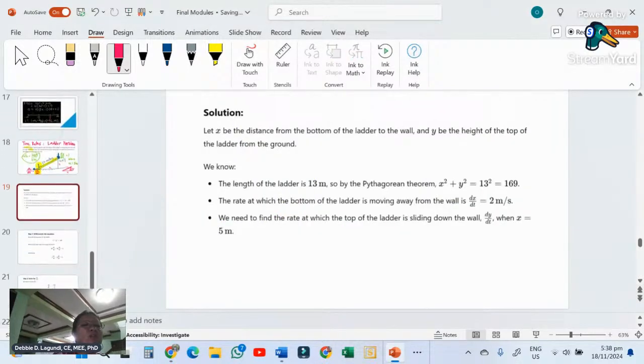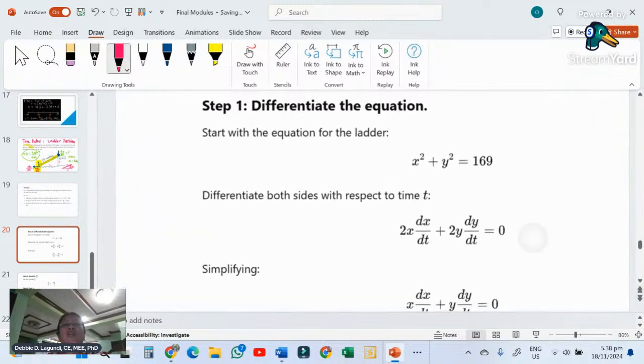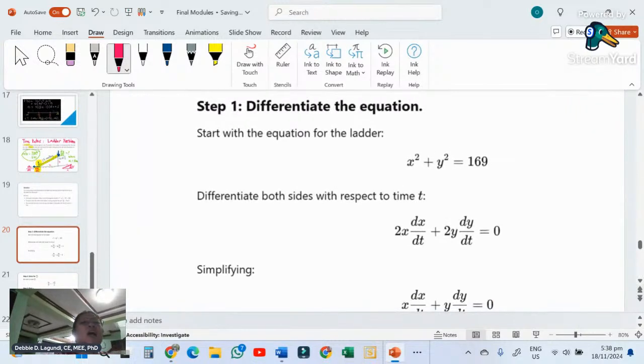For the solution, step 1, start with the equation for the ladder. Let's get the triangle form. This is the ladder, 13 meters, the hypotenuse.